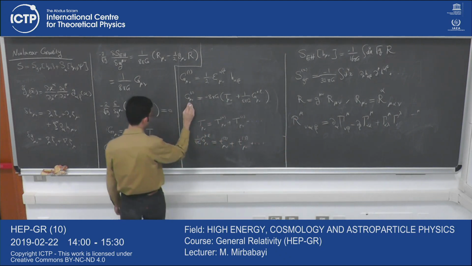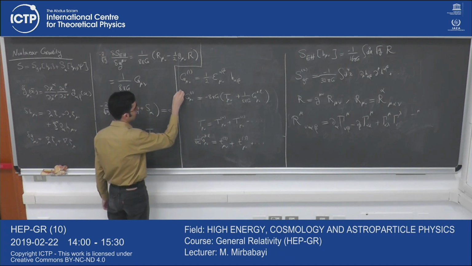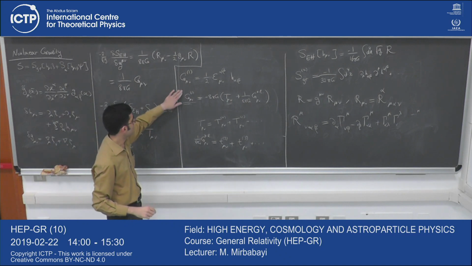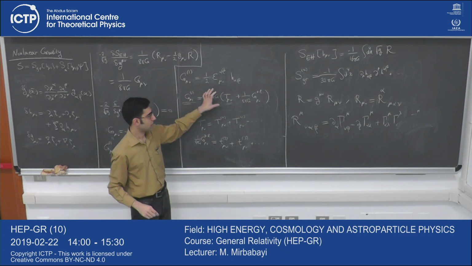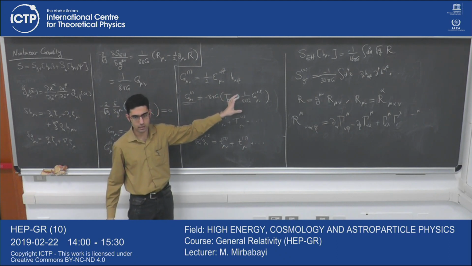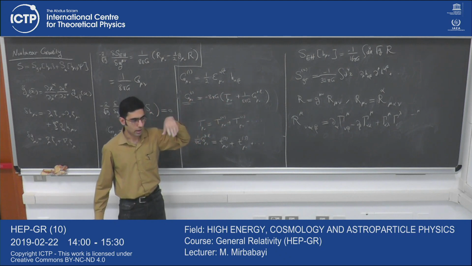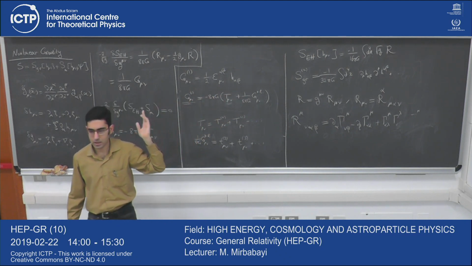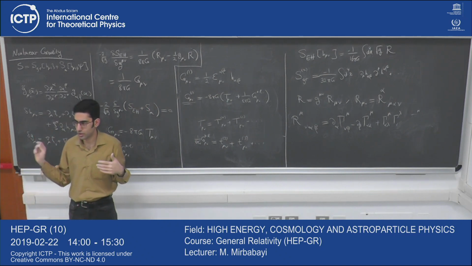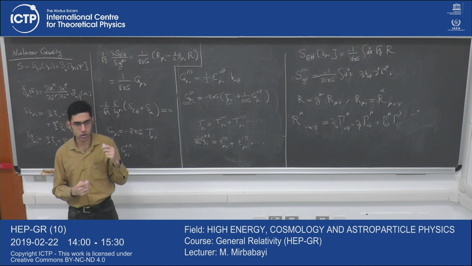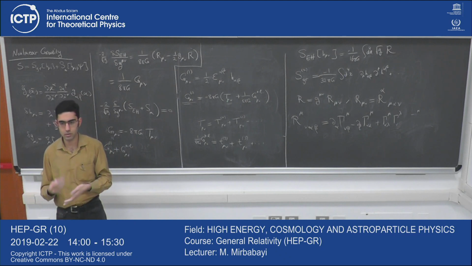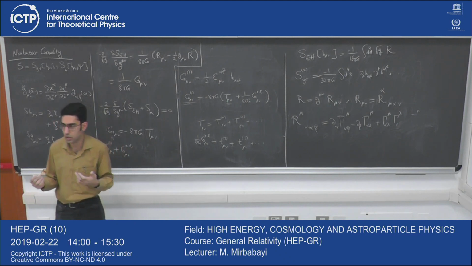So if I act by a derivative on this expression, it gives 0, and therefore whatever we write on the right hand side should also satisfy that property. We saw that in order to satisfy that property, we should keep adding corrections to what we wrote originally. And when we add a correction, we have to modify the action, and once we modify the action, there will be new corrections, and we have to keep going.